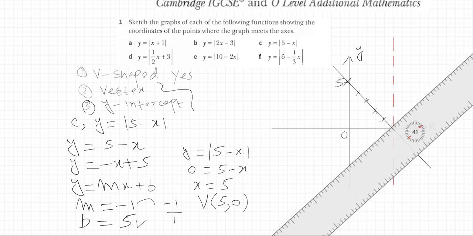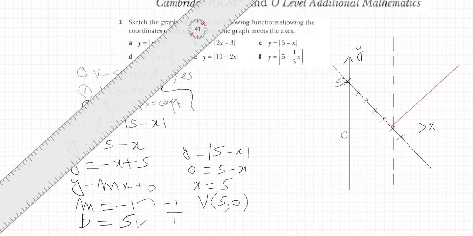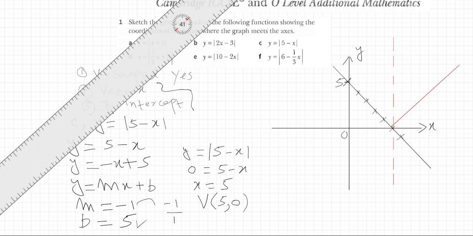Again I am checking 1, 2, 3, 4. Yes. Draw the line. So finally this is our V-shaped graph.